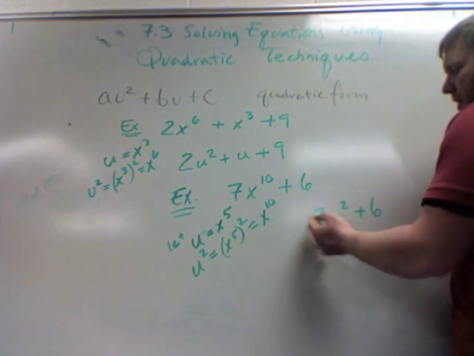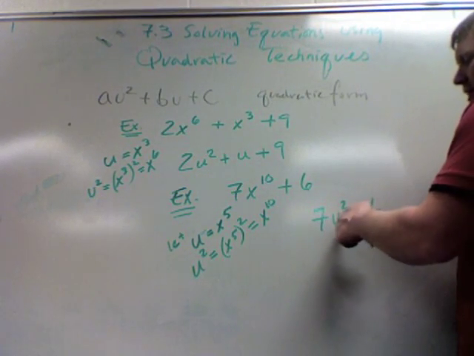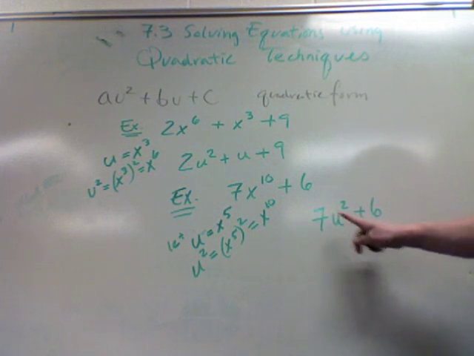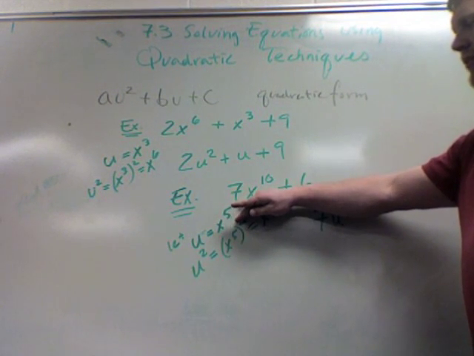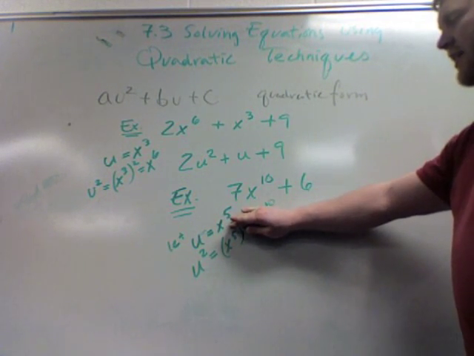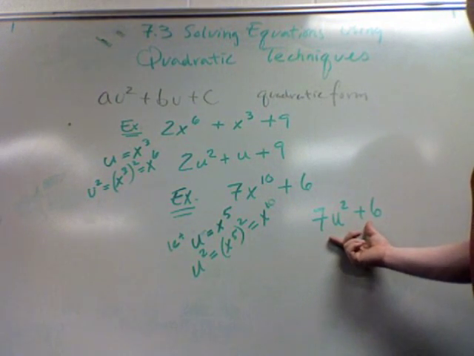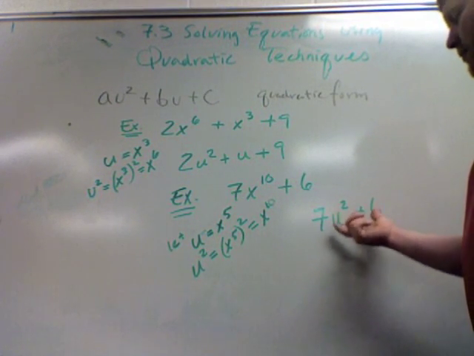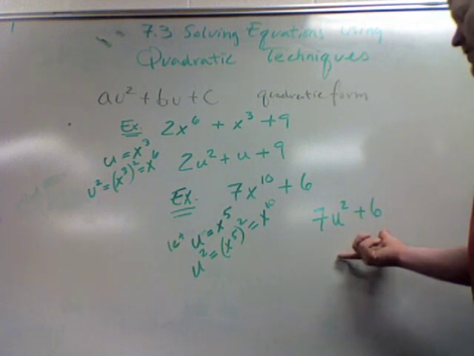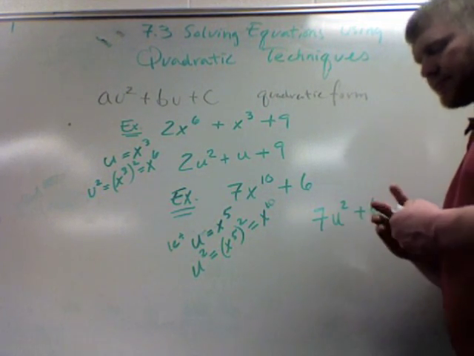I say u squared because I have ways of solving quadratics. I don't have any methods of solving equations like the original; we haven't gone over anything like that. But when you put it in terms of a quadratic, I have methods of solving it, and we'll get into that in a second.